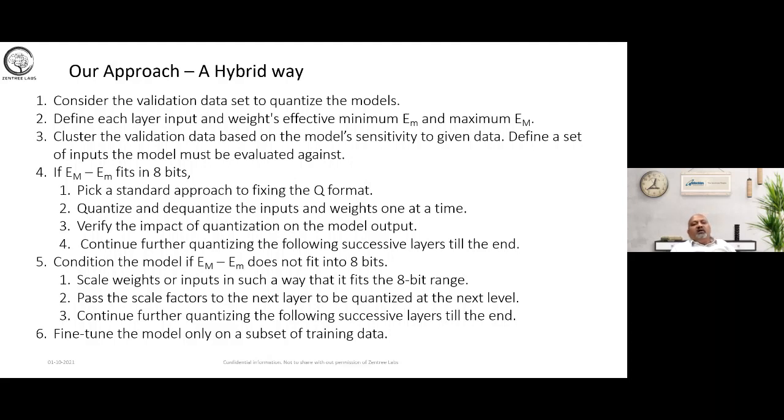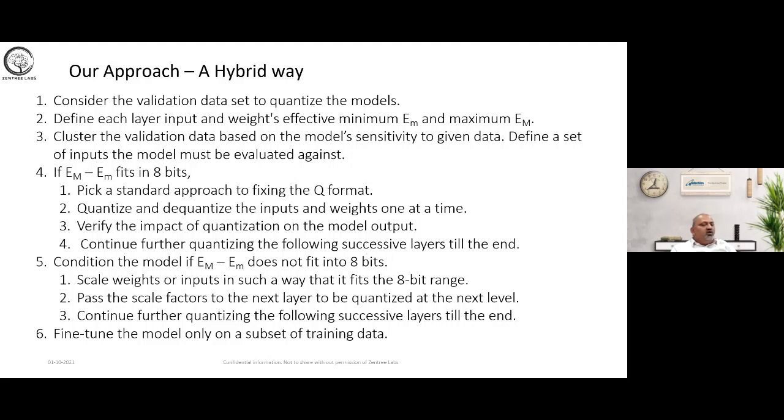Again, for each input we computed the max and minimum at each layer output. Then we defined a vector based on the deviation from the effective maximum and effective minimum. Where this strength is very minimal, we pruned the list and then clustered the rest, picking the cluster centers as well as the points falling away from each cluster center.